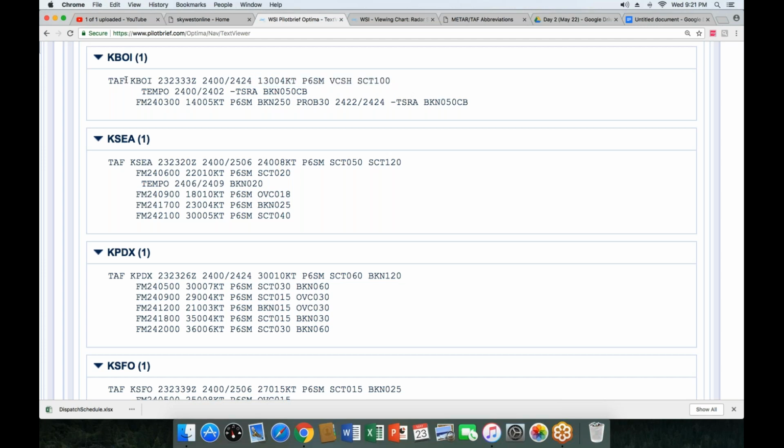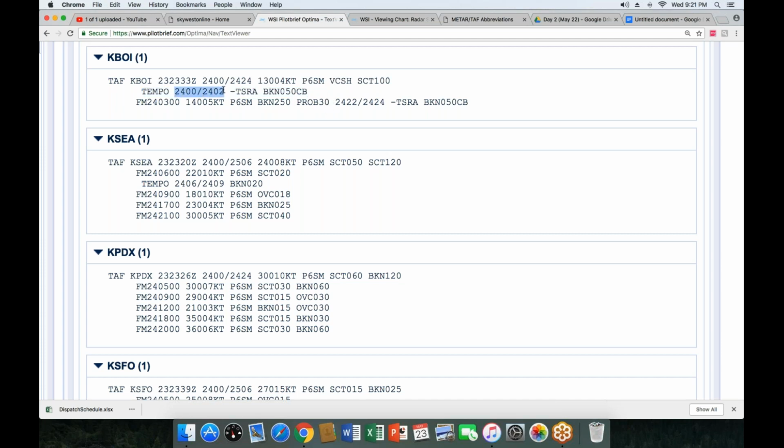Remember, this is called the main body. And then whenever we have a tempo or a prob 30, prob 40, whatever it says right there, this is called the conditional language. Okay, so main body, conditional language.